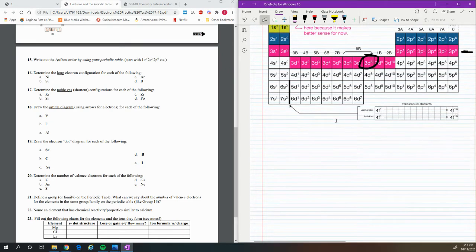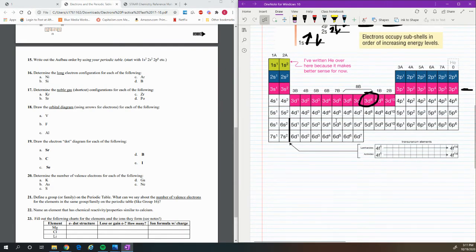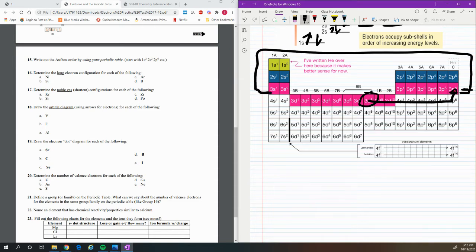So for example, rather than writing 1s2, 2s2, and all of that, I should have just kept it. Right, but rather than writing all of that, remember there are two rules. I'll do this for nickel. There are two rules for noble gas configuration. Go all the way to the right, one up. The reason you want to do that is because that includes everything here.